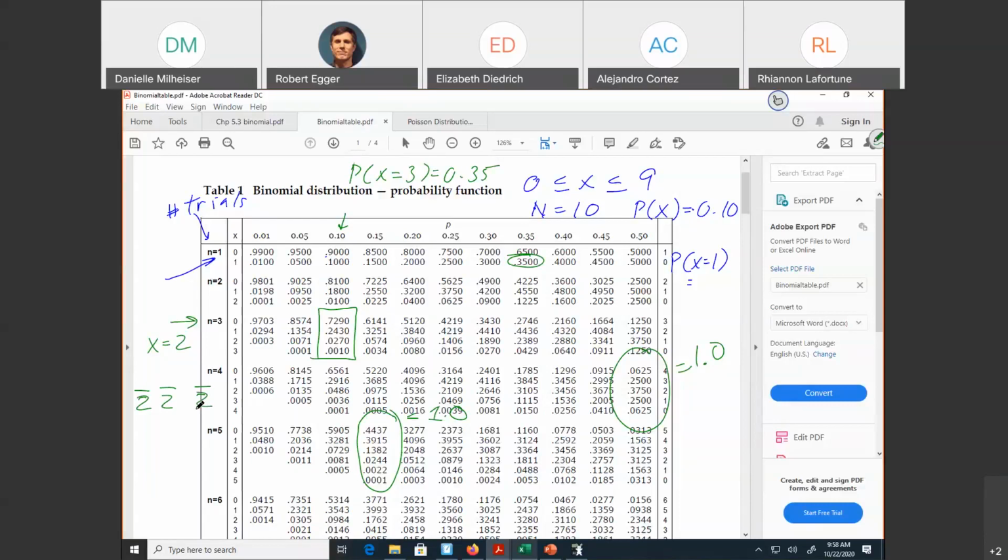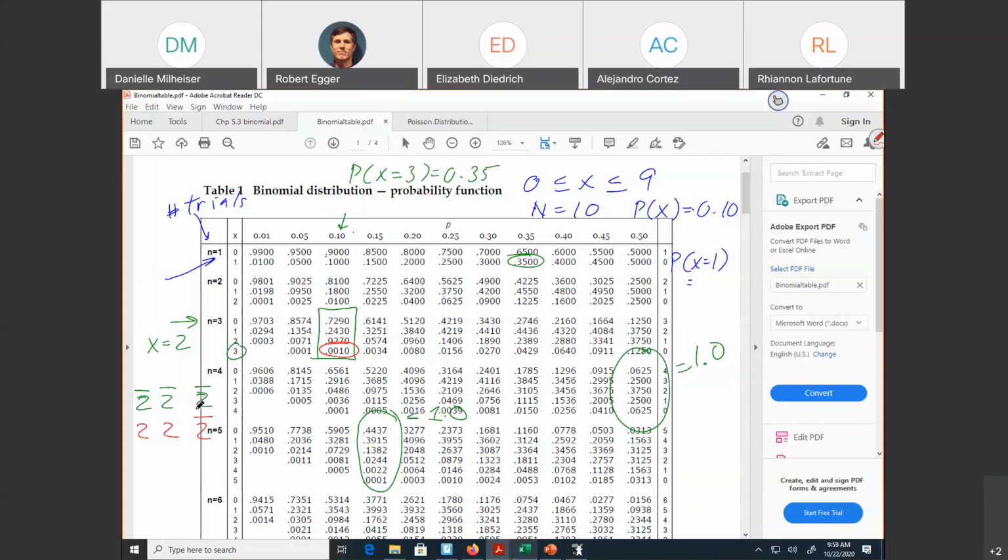Well, here's my P. Probability is 0.1. They have it happen 3 times. It's 0.001. What if I want the probability of having exactly 2 of them come up as 2s and something other than 2?